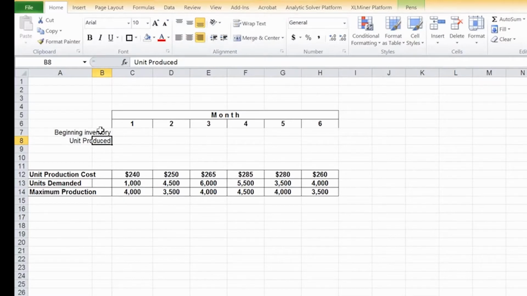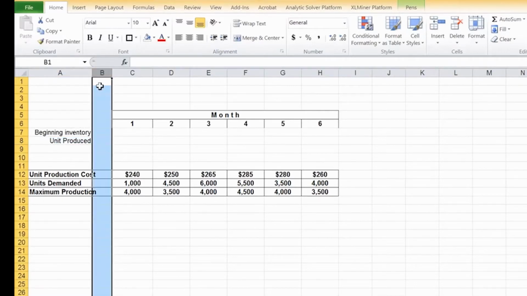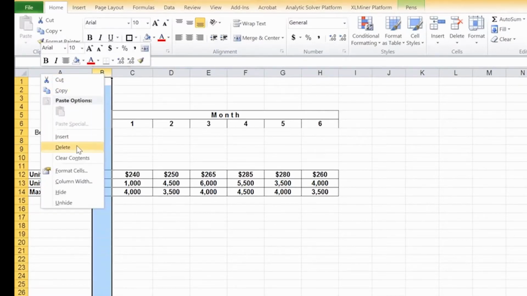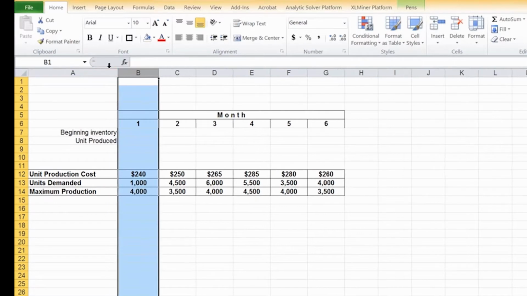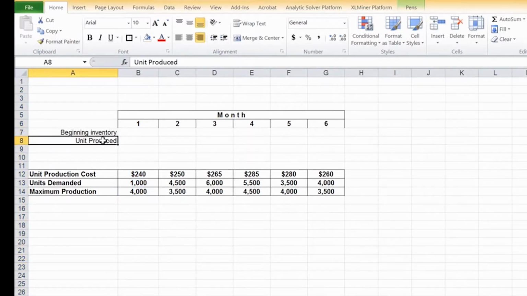Actually, I just deleted that entire column and just moved this. Okay. So we have beginning inventory, unit produced. Remember, we have the beginning inventory plus unit produced minus what? Unit demand, right?